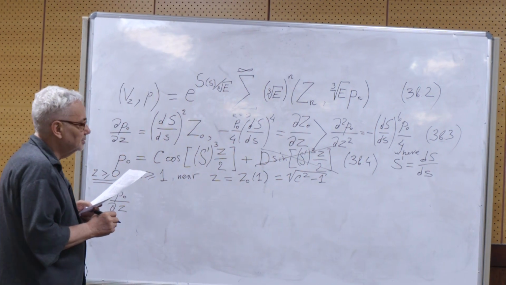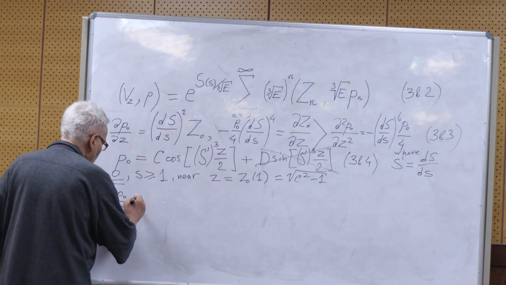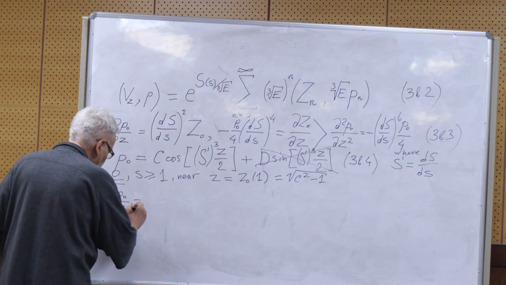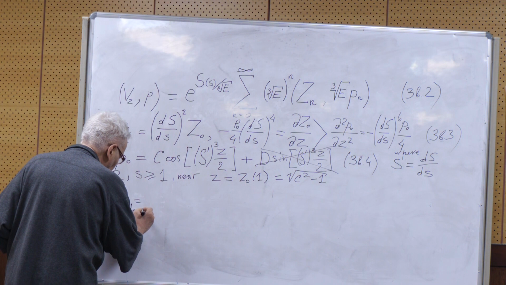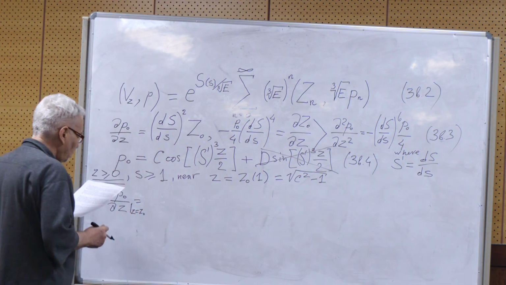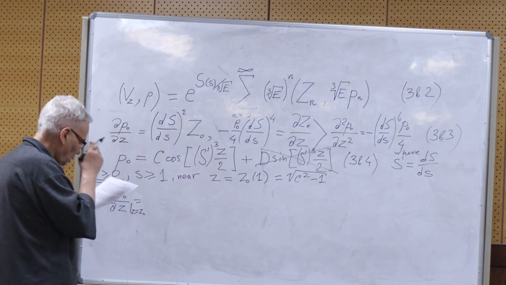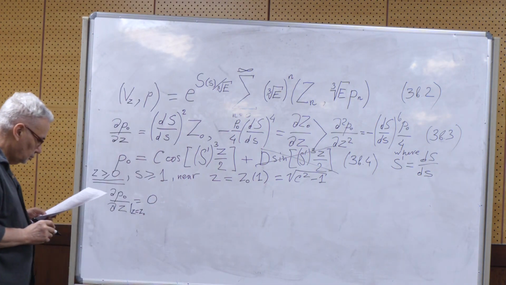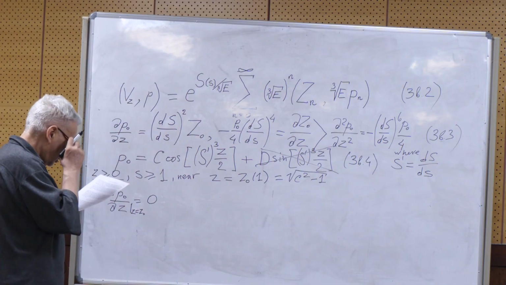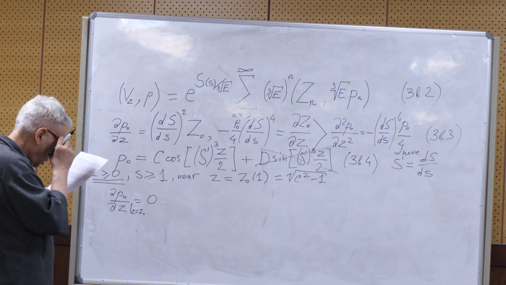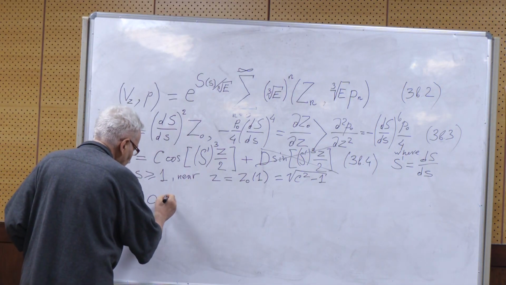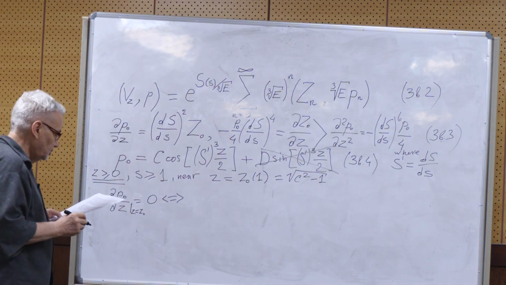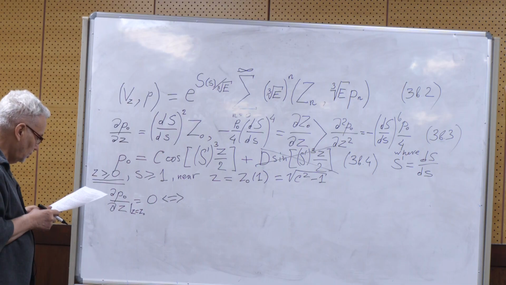Let's write it in a slightly different form. At the point z equals z O, it's just equal to 0 at this boundary. And it's actually identically the same as considering this singular function.